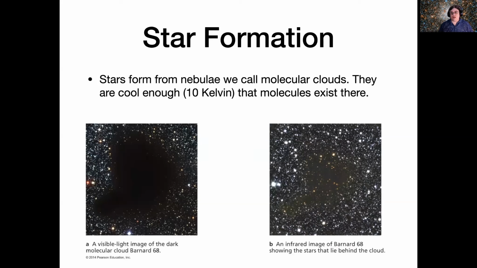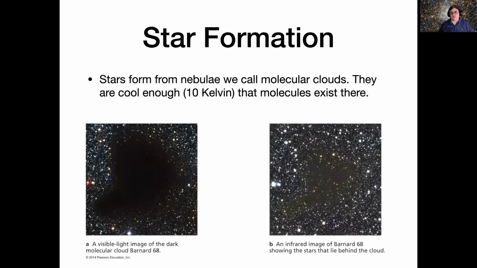Molecular clouds are so named because they're clouds, they're nebulae, and they are cool enough, and by cool enough I mean only about 10 to 20 Kelvin, that allows molecules to exist in these clouds. Most of the nebulae in space, the atoms are kind of on their own.